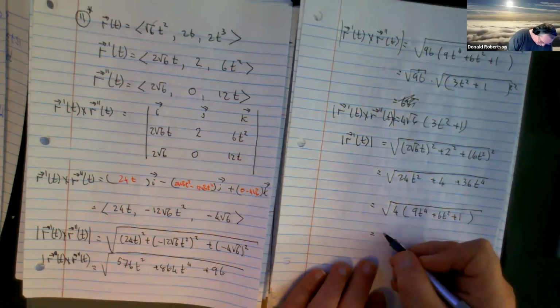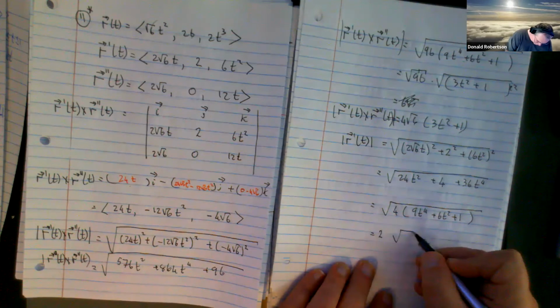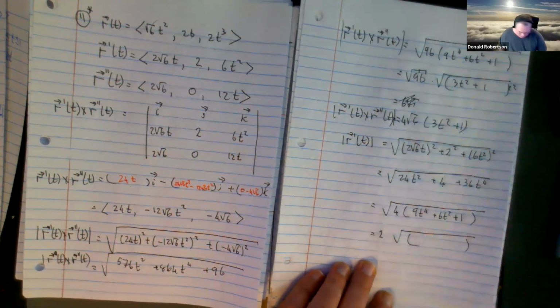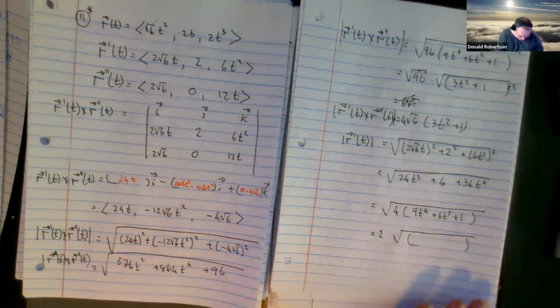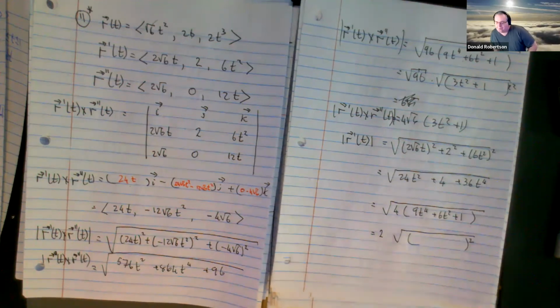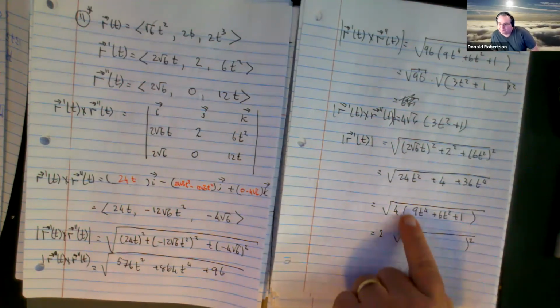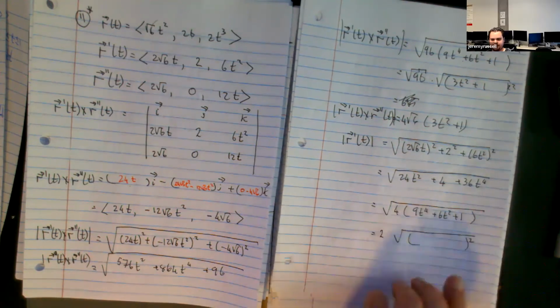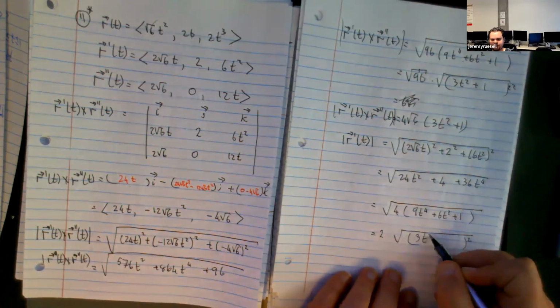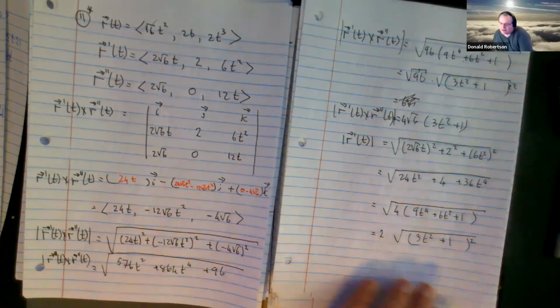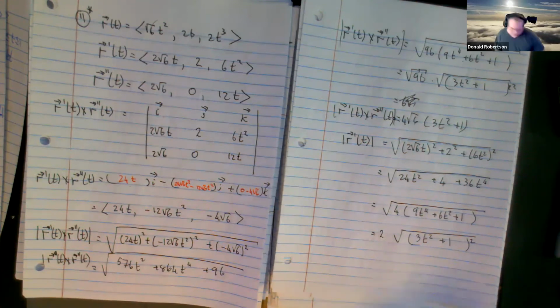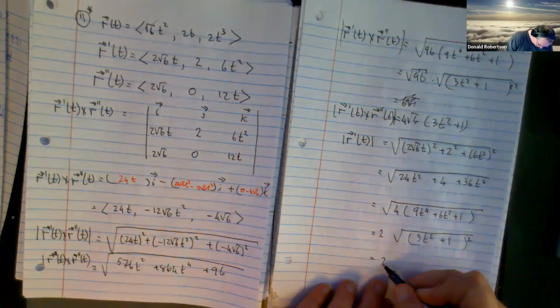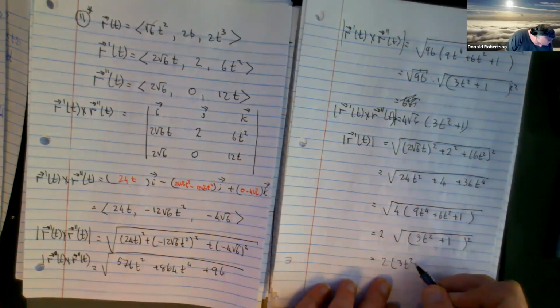And I'll pull out the square root of 4, which gets me 2. And what does that look like as a perfect square? 3t squared plus 1. You agree? Every time you see it, it gets a little bit easier. Which means that this fella comes out essentially as that guy.